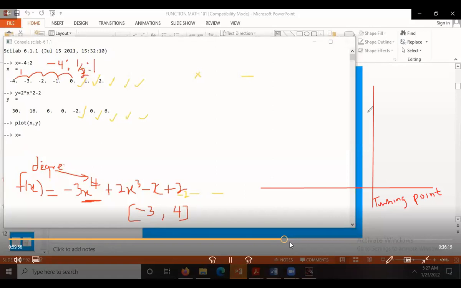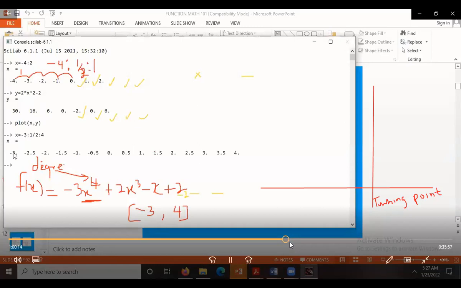So this time I'm going to type x equals minus 3, with a smaller interval, half, to 4. Let's see the output generated. You can see it.